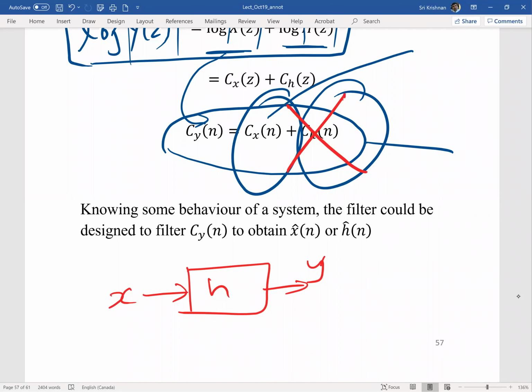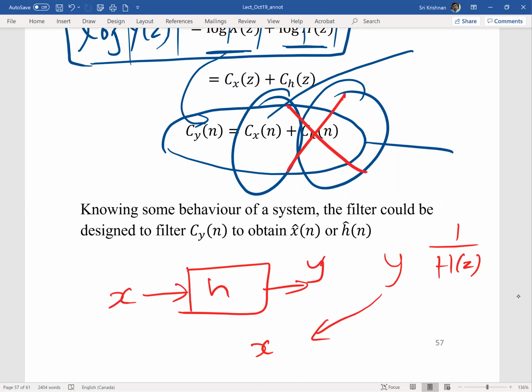The idea here is that let's assume you are a handle of Y and you want to go back to X. And previously I mentioned an inverse filter where all we did was flip the transfer function from H of z to 1 over H of z. So if the input to this filter 1 over H of z is Y, then obviously the output we get is X. So I can recover my X through this inverse filter.